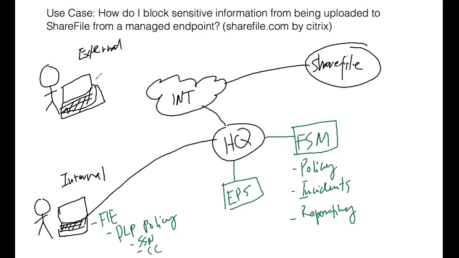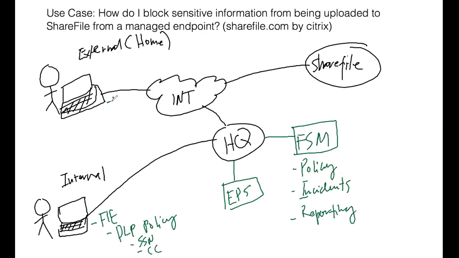So the scenario on the external side is this user working from home, who will upload data to ShareFile. At this current state, he will be able to directly share files here. Nothing is watching the endpoint.